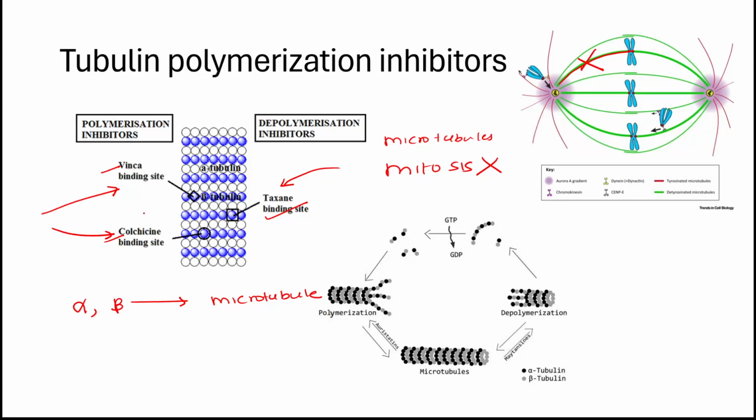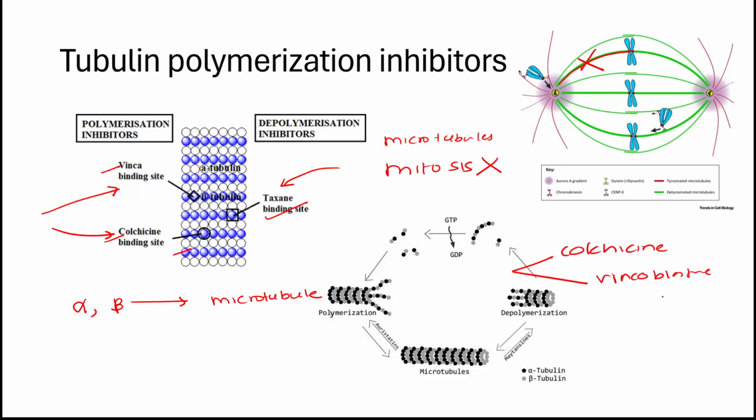Usually, the two types that we come across are colchicine and vinblastine. These drugs are specifically used for cancer purposes, especially when there is metastasis.